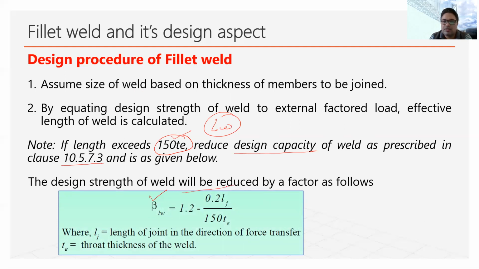We calculate this factor and multiply it with the strength. So P is equal to the formula with Fu, Lw and Te, and with that we multiply this factor beta Lw, where Lj is the length of joint and Te is the throat thickness. If it is given like this, then we do that.